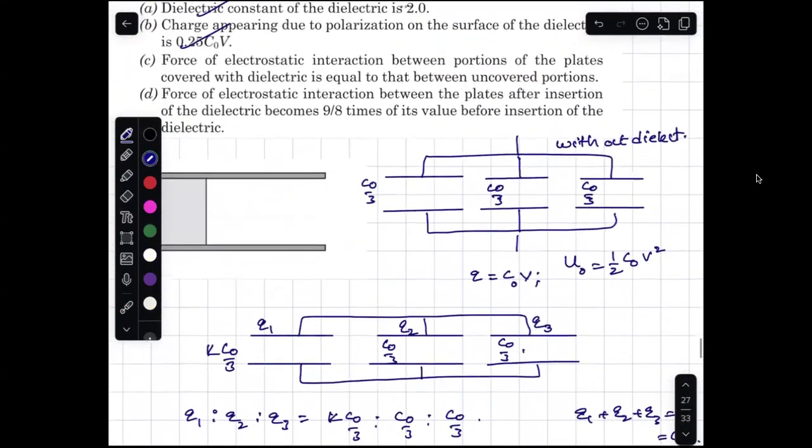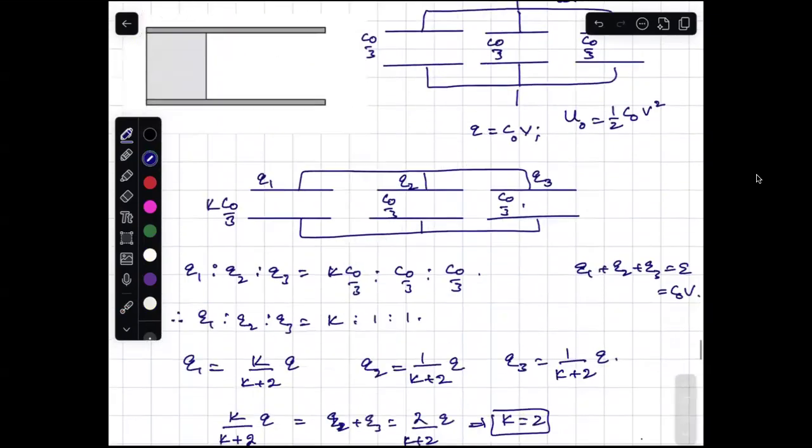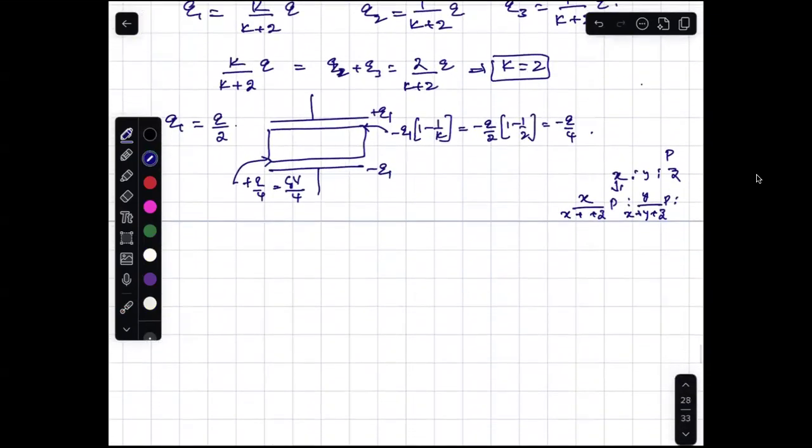What is the other part? Force of electrostatic interaction between portions of the plates covered with the dielectric is equal to force on uncovered portions. Actually, if the capacitor topic is done, what is the formula for force? If the plates have charge plus Q and minus Q, they will experience an attractive force.